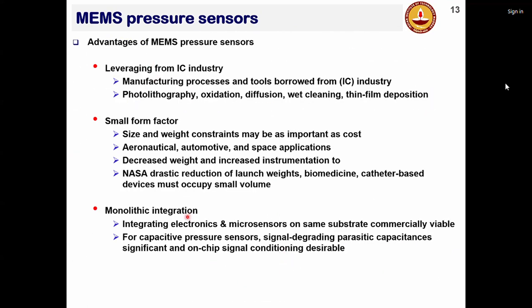Okay, so there are several advantages in terms of high volume production because it can really leverage the processes that are followed in the IC industry. Then there are several advantages in terms of the size, weight, and so on, and how you can integrate with different kinds of other sensors or small devices that you need for certain systems.